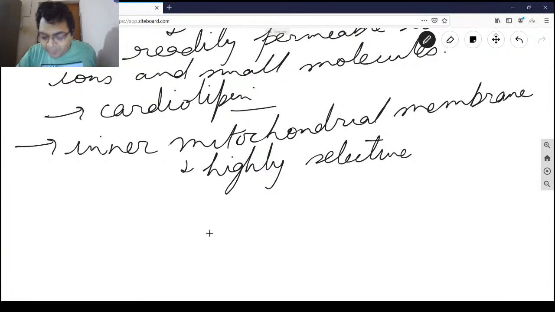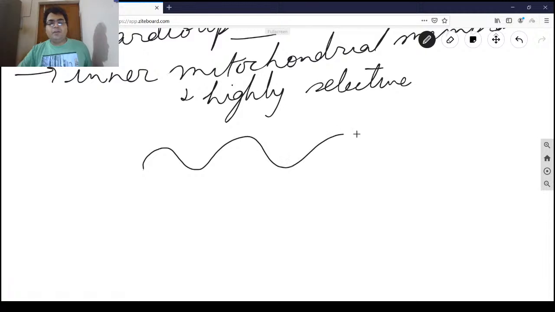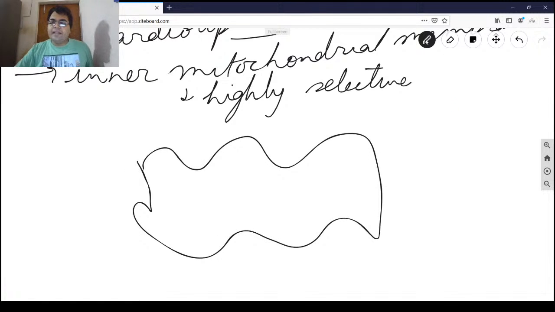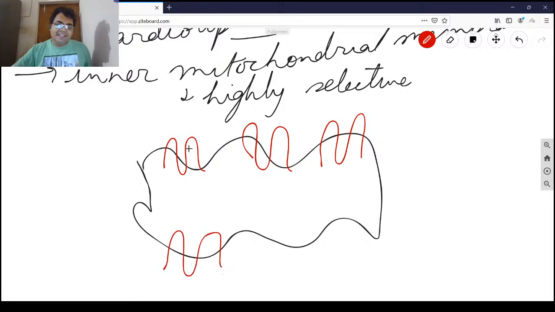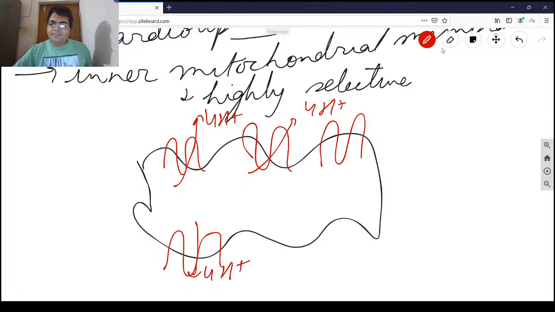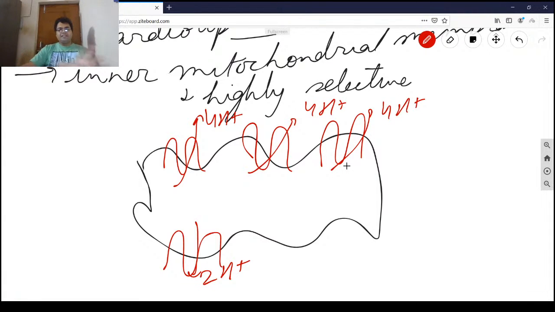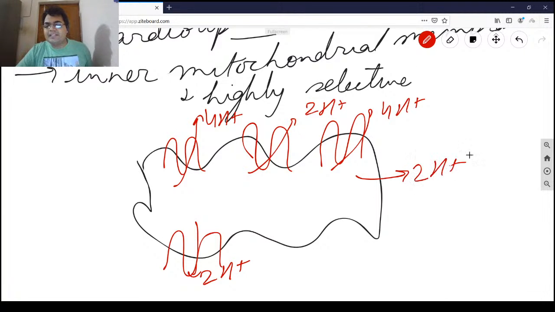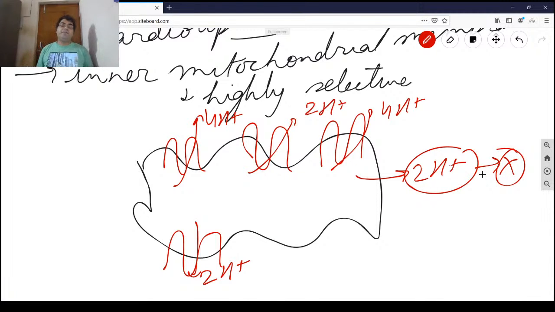So what I showed you was that the inner mitochondrial membrane requires specific transporters, channels to throw out H plus. Directly through the membrane, H plus cannot go through the inner mitochondrial membrane. Point to be noted.